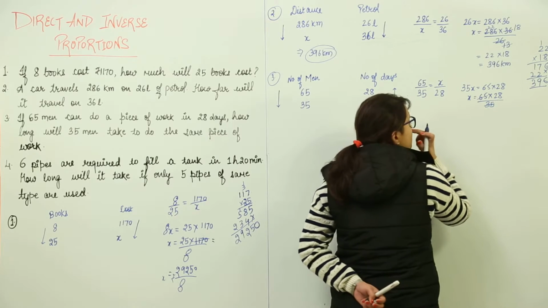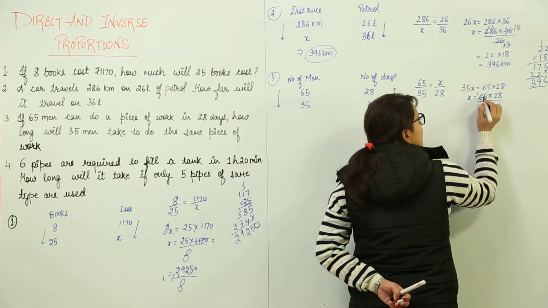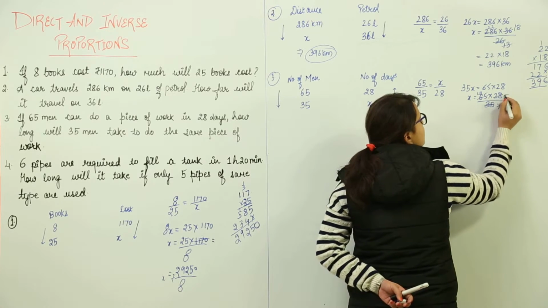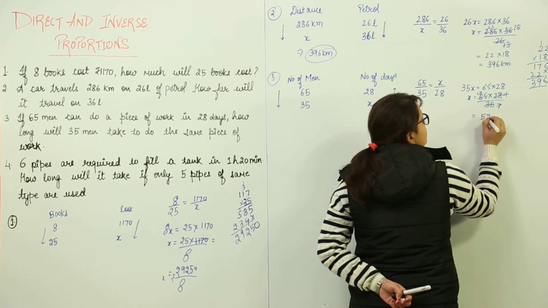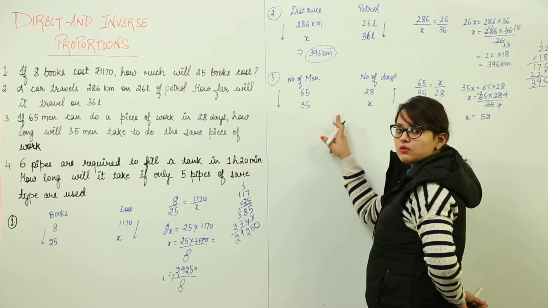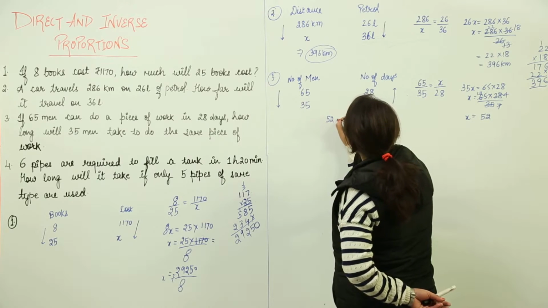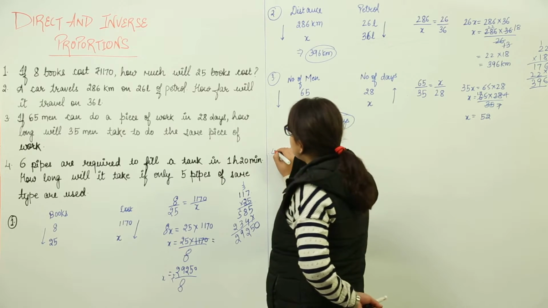Now let us try and solve this. 5 7s are 35, 5 1s are 5 and 1 left, 15, 5 3s are 15, 7 4s go with 28. So 13 4s comes out to be 52. That means if 35 men have to finish the work, they will finish it in how many days? 52 days. Understood?